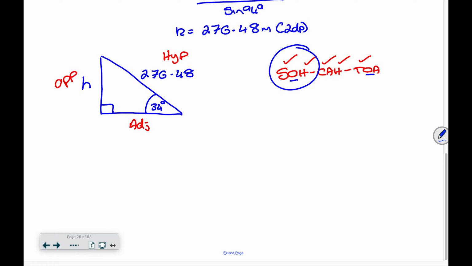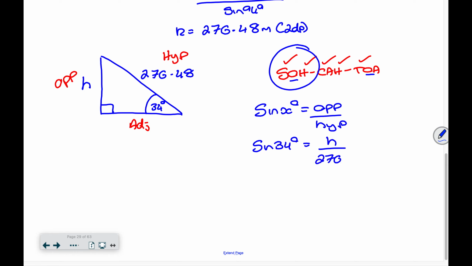So let's use this. That's going to be sine x is equal to opposite over hypotenuse. So that's going to be sine 34 is equal to h over 276.48. Cross multiply.